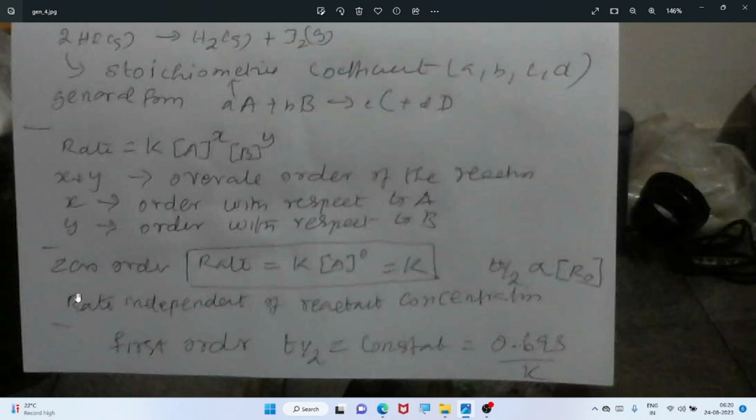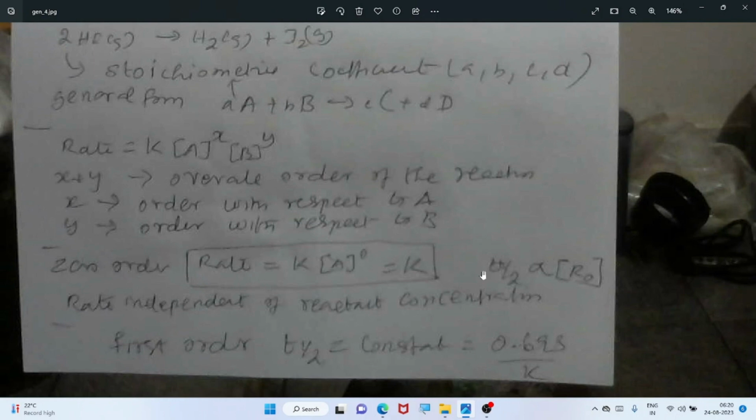In a zero order reaction, the rate constant is equal to the rate of the reaction, because the concentration of the reactant to the power 0 is 1. Anything to the power 0 is 1, so the rate constant is equal to the rate of the reaction.